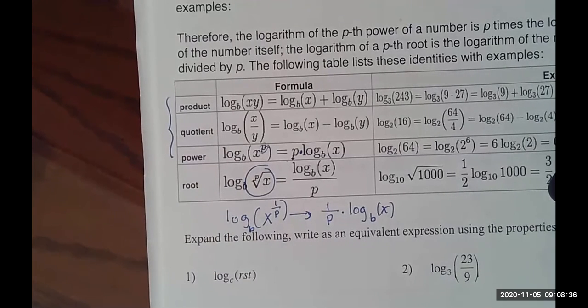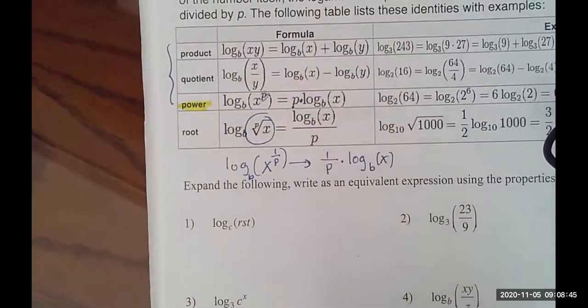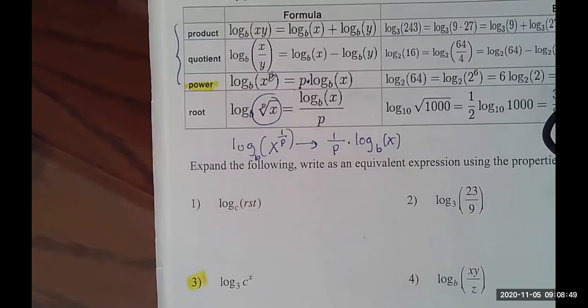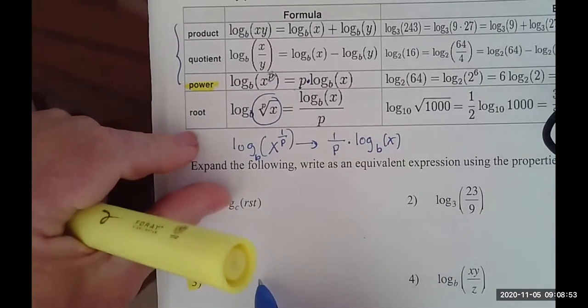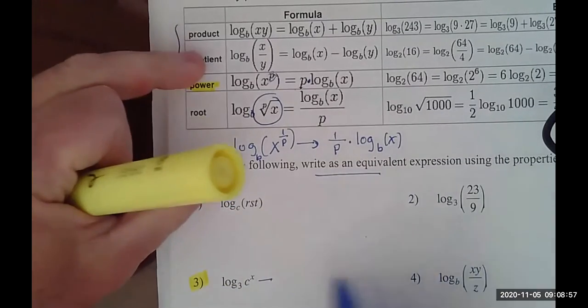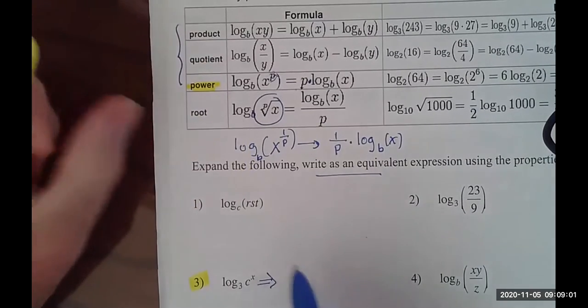power rule. Now, if I look at any of these for the power rule, which I'll highlight here. So if I look at any of these that might look like the power rule, it would look like number 3. Number 3 is the power rule. So if I rewrote this, that's what they want you to write. Write it as an equivalent expression. So the x is the power.